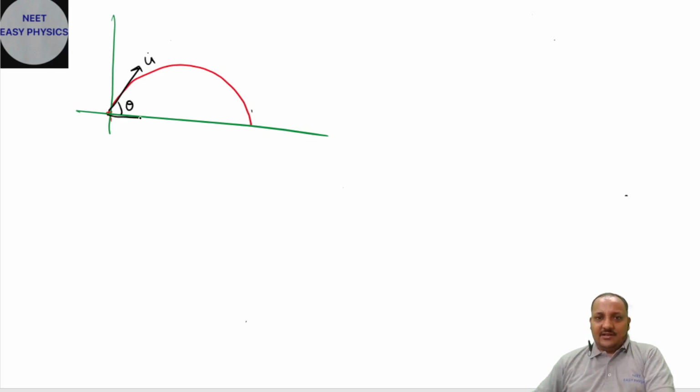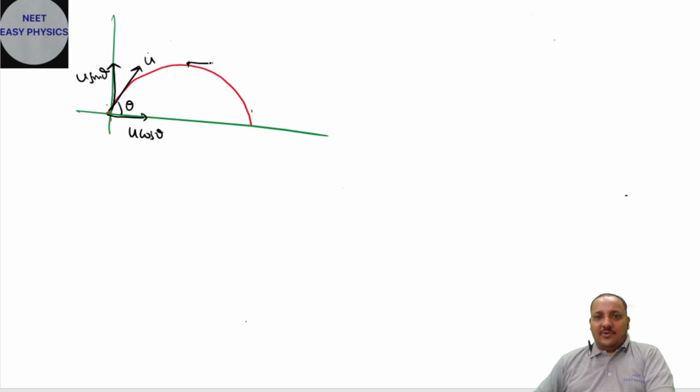Now, if you draw this diagram once, this is the ground to ground projectile. At the point of projection, if it is u at angle theta, the horizontal velocity is u cos theta and the vertical velocity is u sin theta.